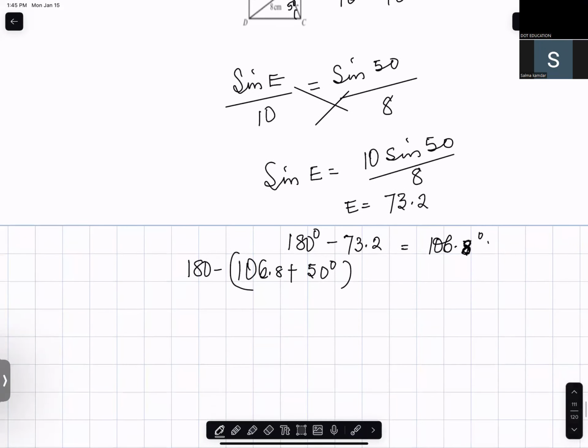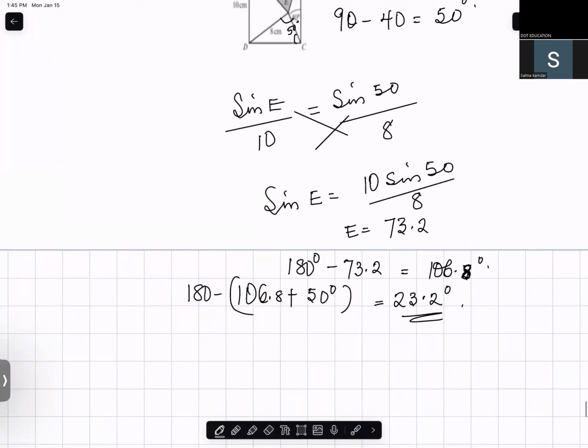So when you subtract, what do you have? 180 minus 106.8 minus 50 gives 23.2 degrees. I have 23.2 degrees as my angle at this point.